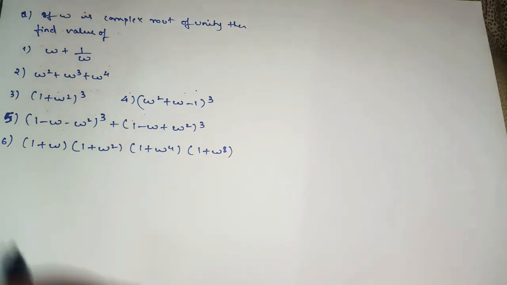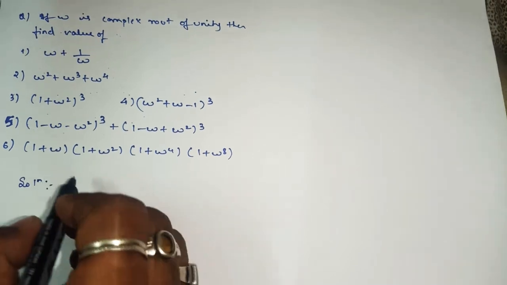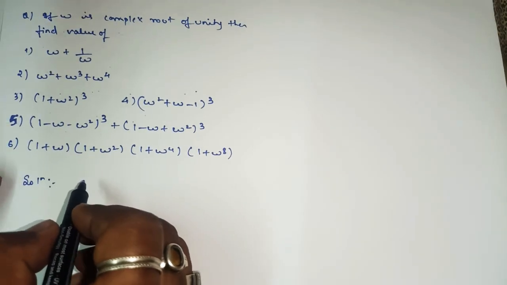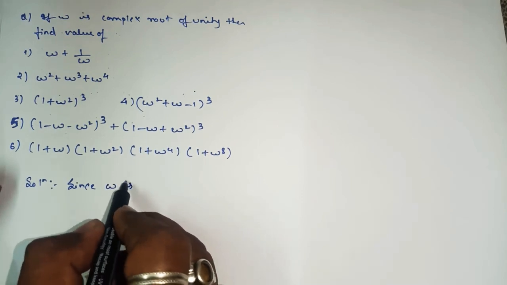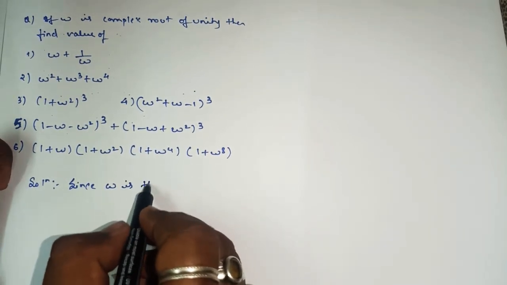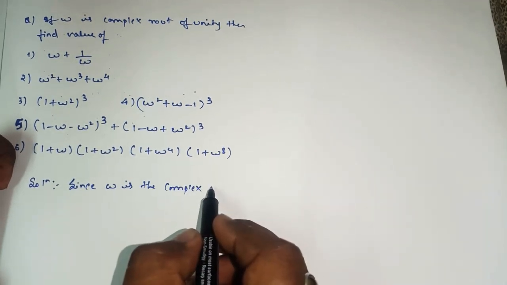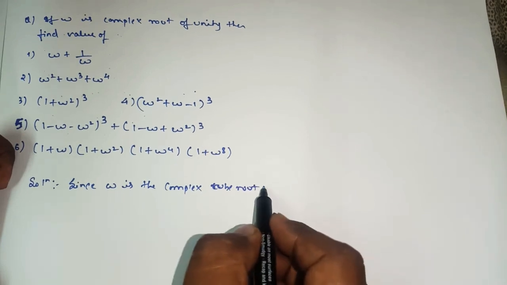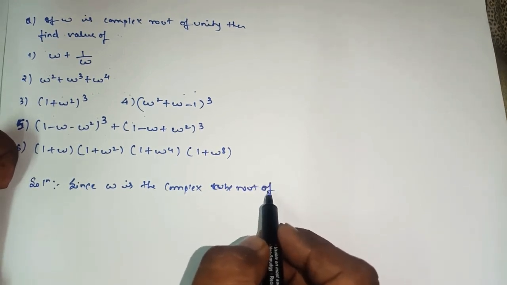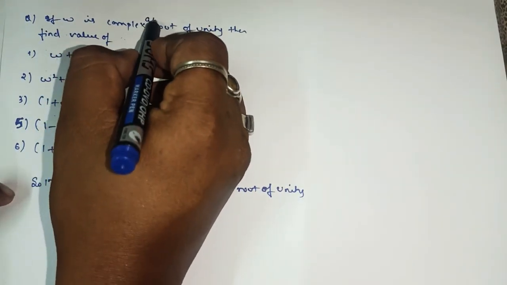So here you will write the solution. Since omega is the complex cube root of unity, your complex cube root is there in the question.